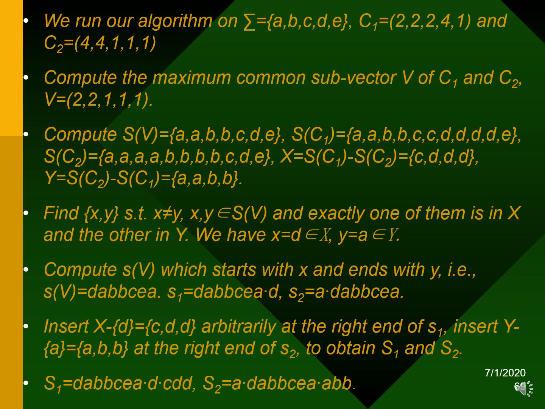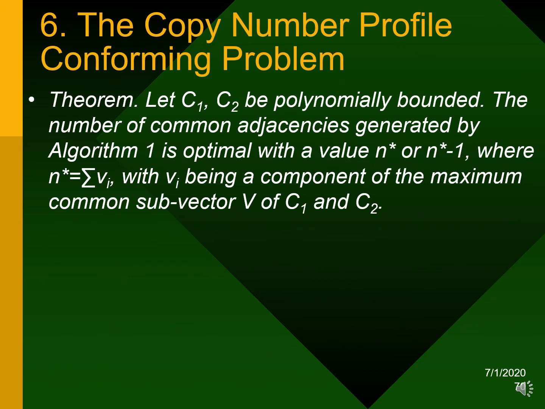In some cases, you will see that it might not be possible to find this x, y satisfying this condition. In that case, the number of adjacencies would be one less. So this is a theorem. Let C1, C2 be polynomially bounded, meaning if you sum the corresponding elements, it gives you a polynomial of n.